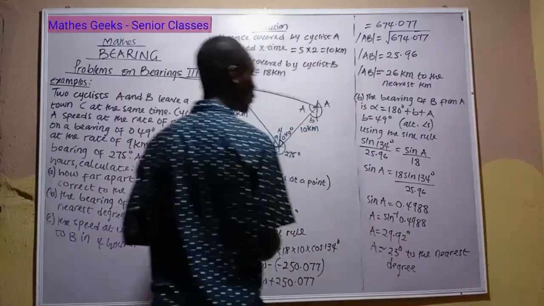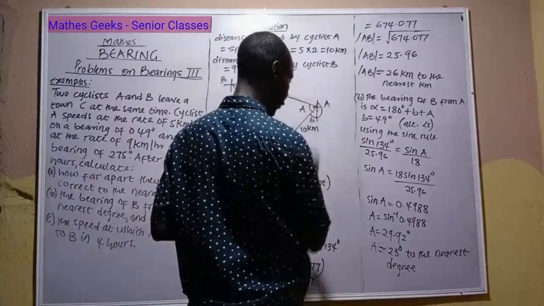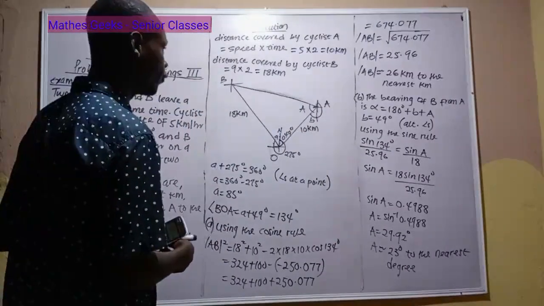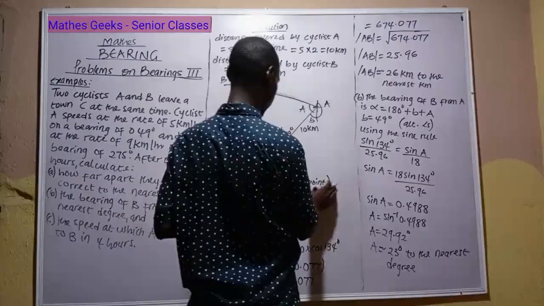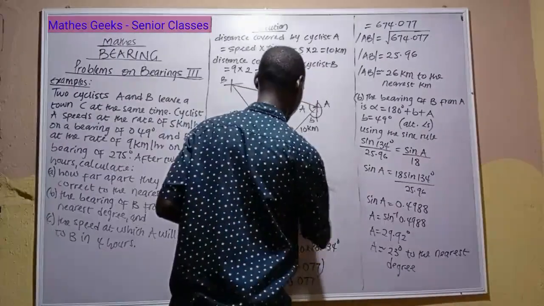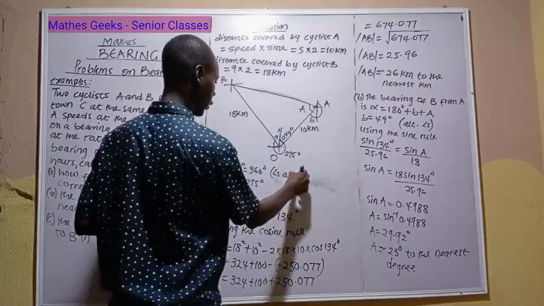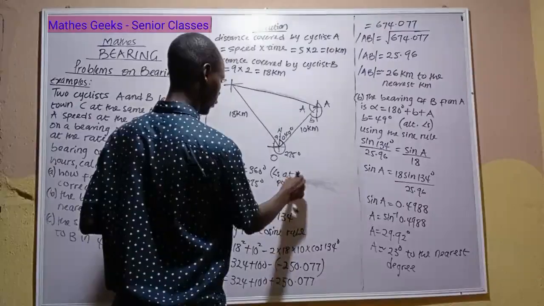Okay, then anyway, let's go. So the bearing of B from A will then become, so let me see, I can use, let me complete it here. So let me bring this one closer. I'm going to say the reason here is angles at a point.